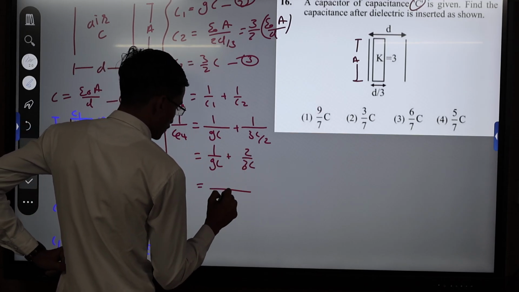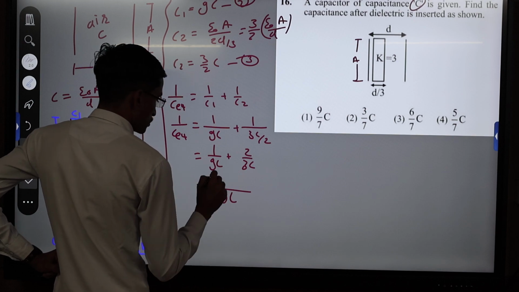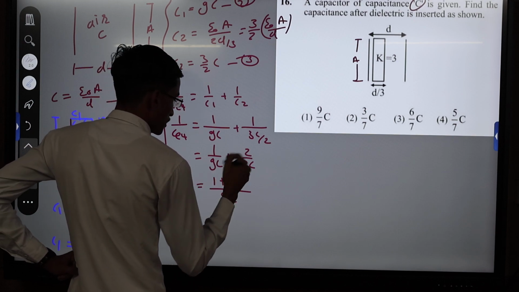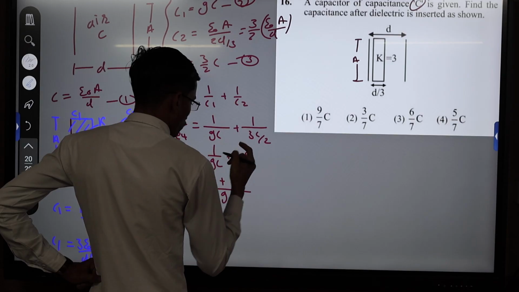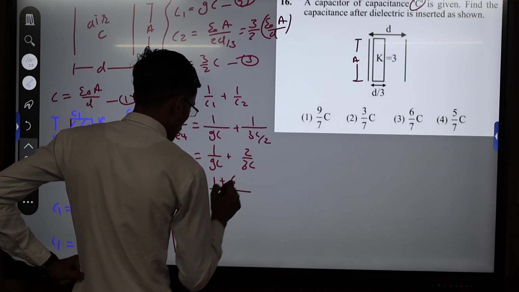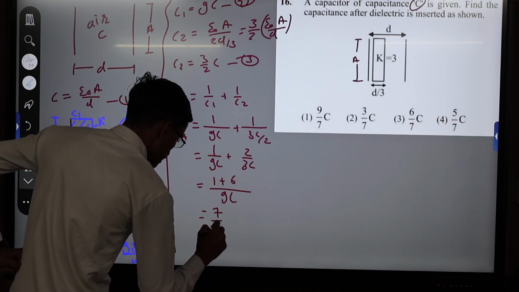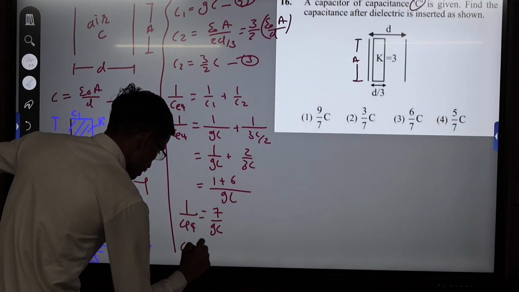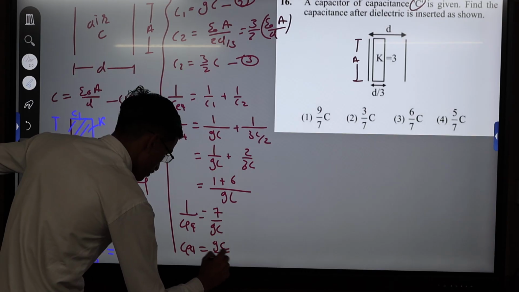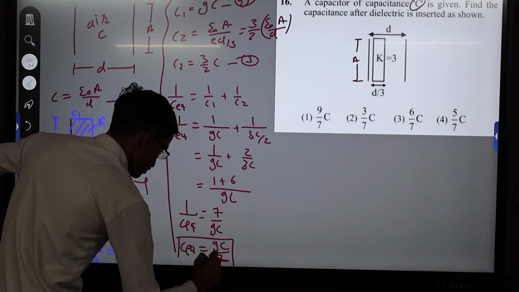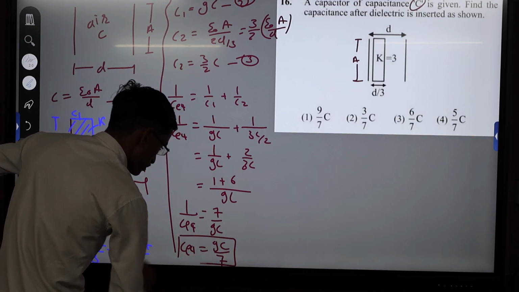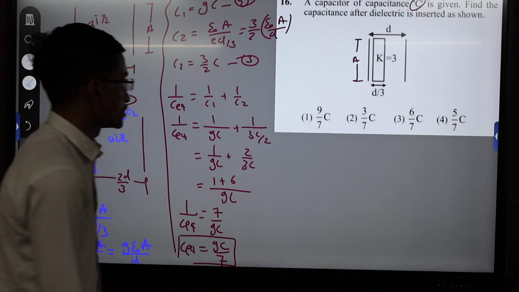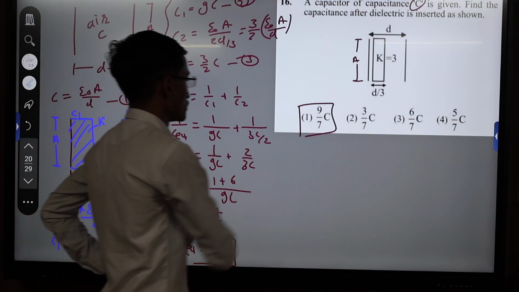Let us take the LCM of 9C. So this will be 1 and this will be 3 into 2, so 6. So 7 by 9C. So C equivalent will become 9C by 7. So the equivalent capacitance will be 9 by 7 C.